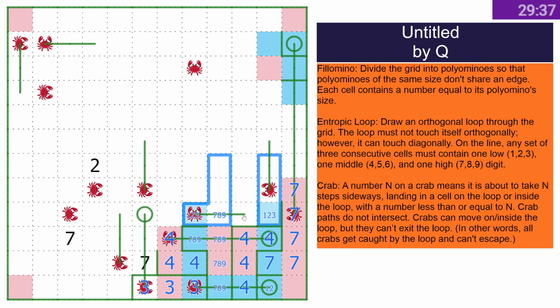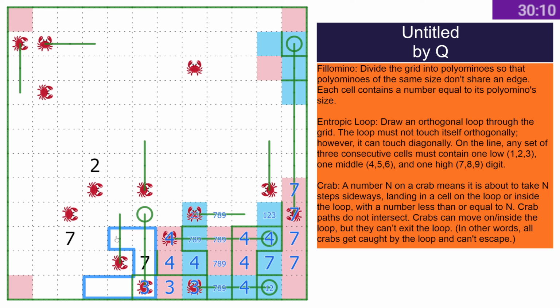And that's interesting because 4, 5, 7, 8, 9. Looks like that's going to be okay-ish. And it's weird how this, at the moment, looks like it could get away with being a loop.